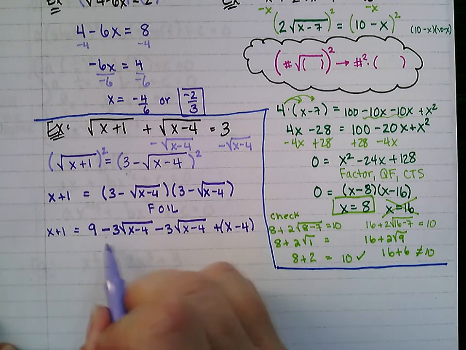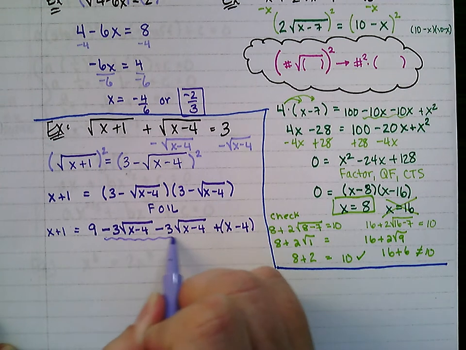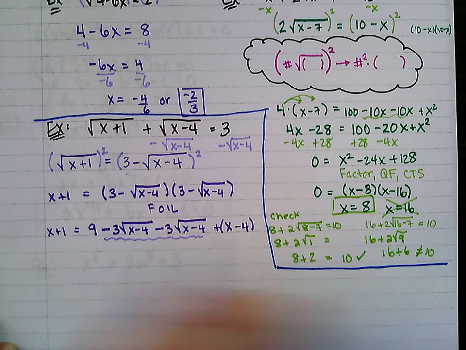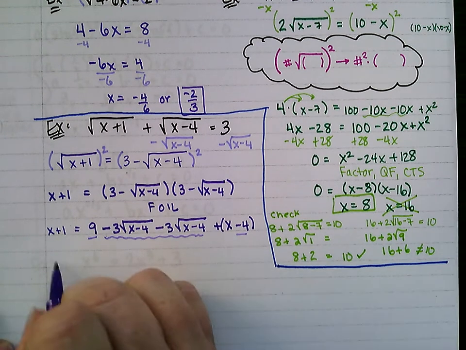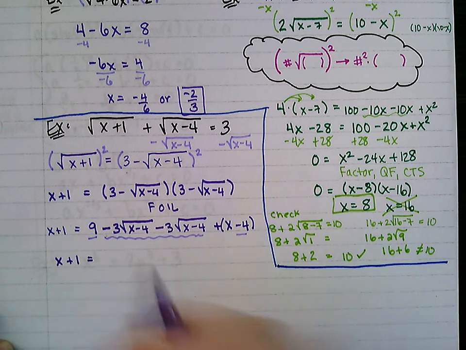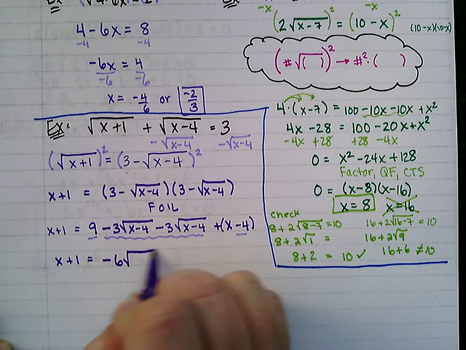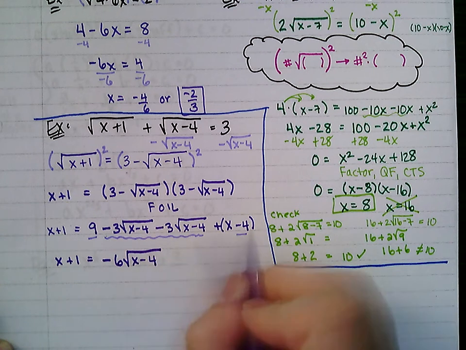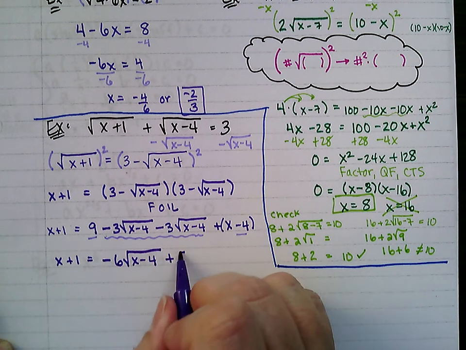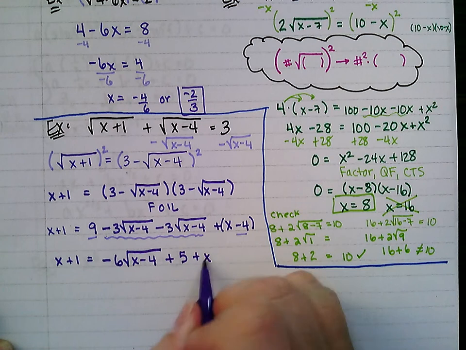So these guys are like terms. And then the 9 and the negative 4 are like terms. So I'm going to go with x plus 1 equals negative 6 square roots of x minus 4. And then plus 9 minus 4 is 5. And then plus x.